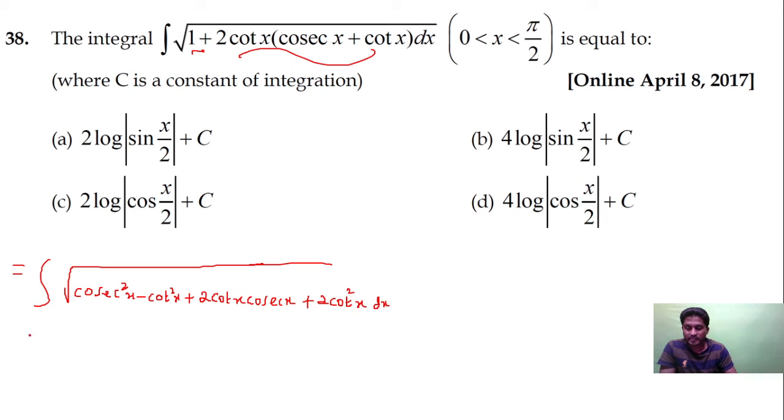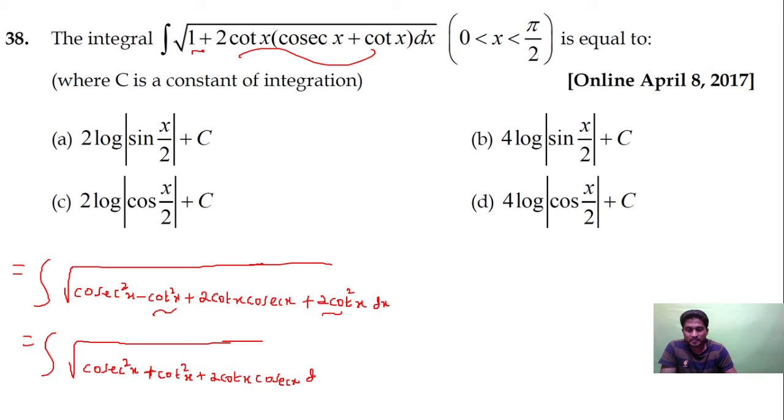So this is equal to integration of cosec square minus cot square plus 2 cot square will be equal to plus cot square. So plus cot square x plus 2 cot x into cosec x, and then dx.